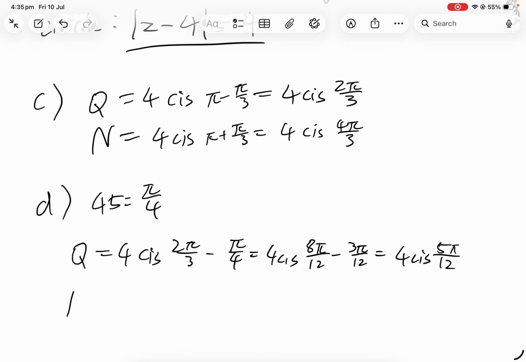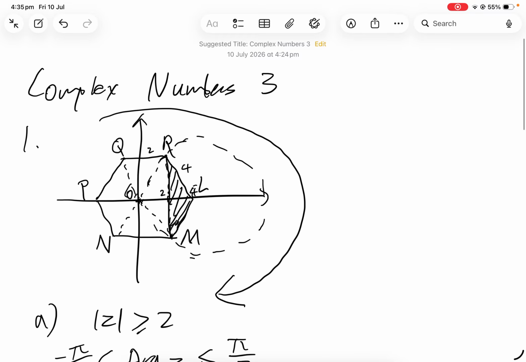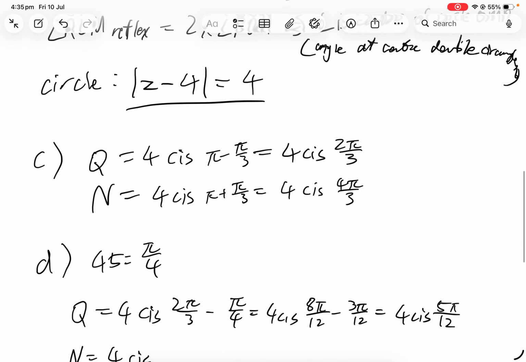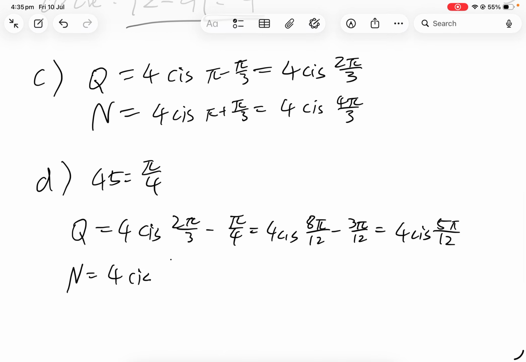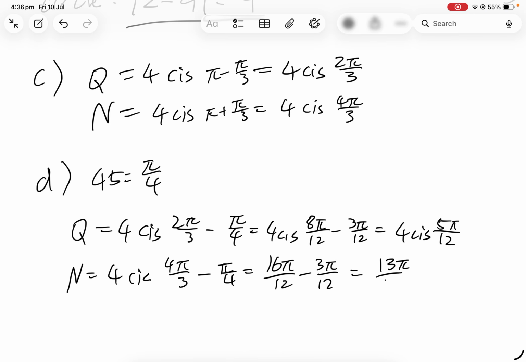And N will equal to 4 cis, because it's rotating the same way and the angle's the same, so it's still subtracting. So cis 4 pi on 3 take pi on 4, which equals to 16 pi over 12 take 3 pi on 12, which equals to 13 pi over 12.